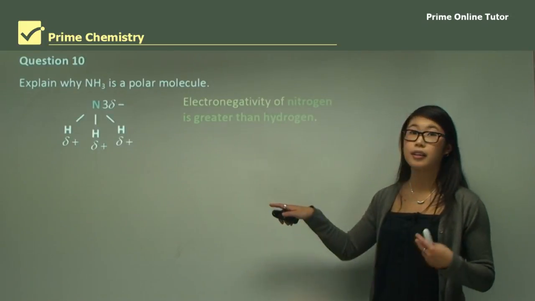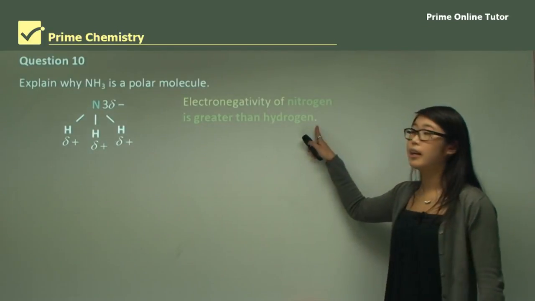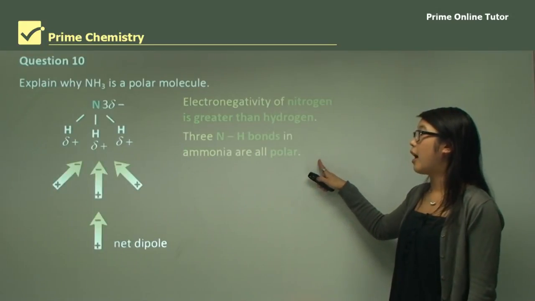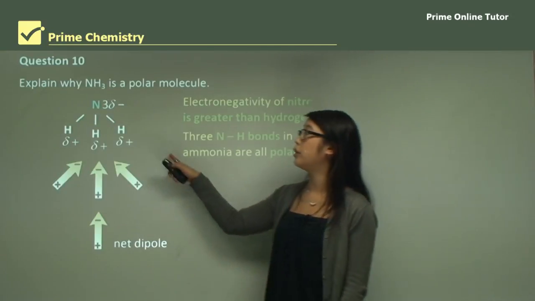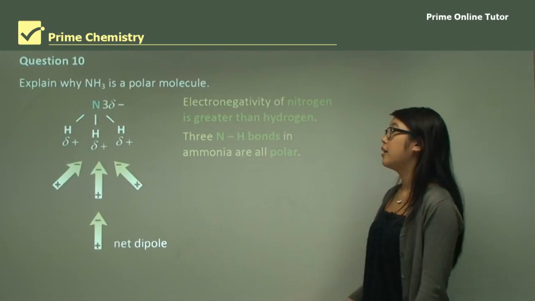We need to look at the molecule. Does it have any electronegative atoms? Yes, nitrogen is more electronegative than hydrogen. And then are all the bonds polar? Yes, all the bonds are going to be polar in the direction of the nitrogen. So arrows point to the negative side.